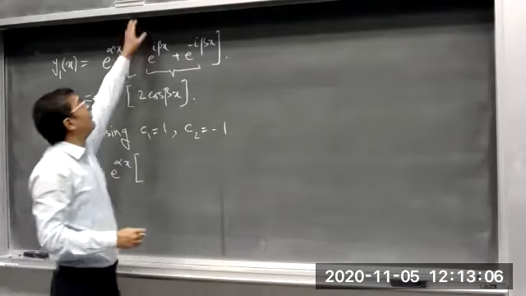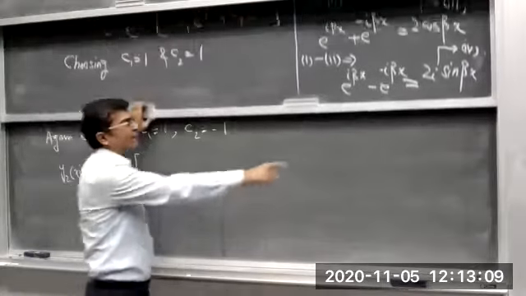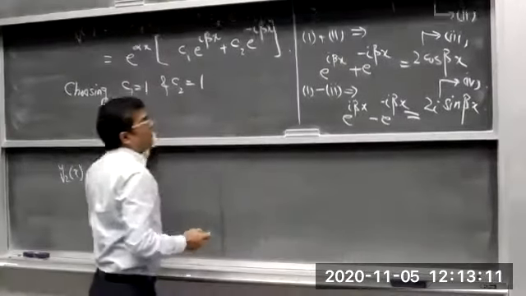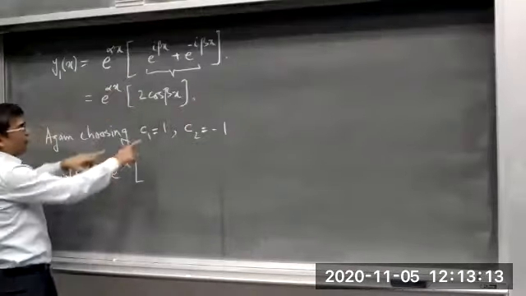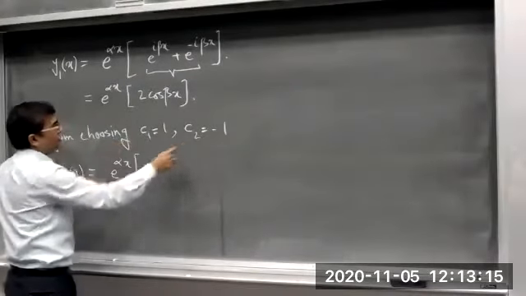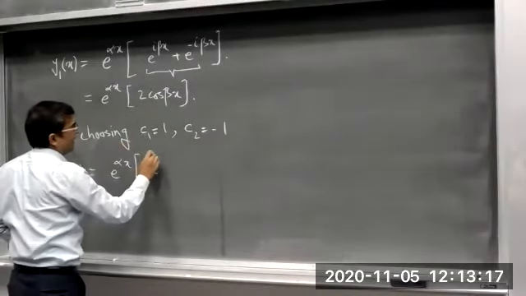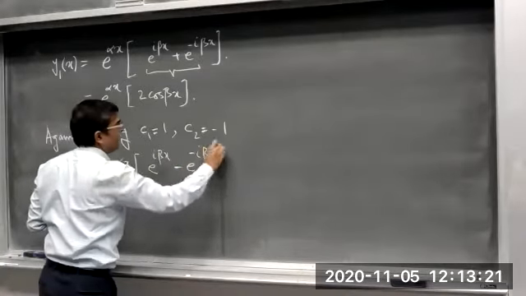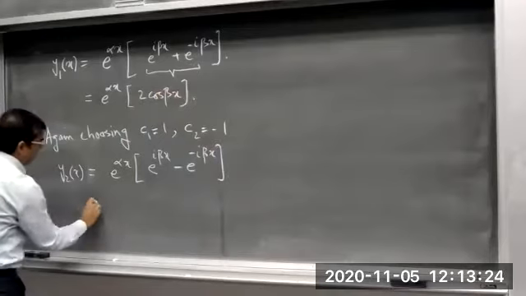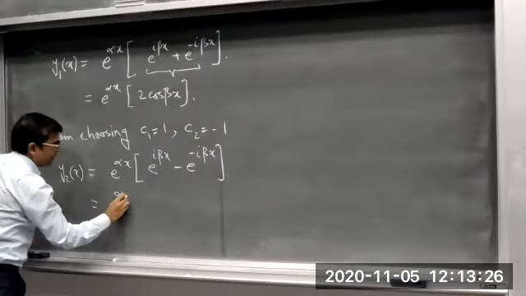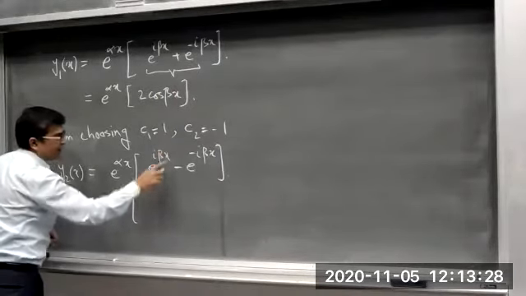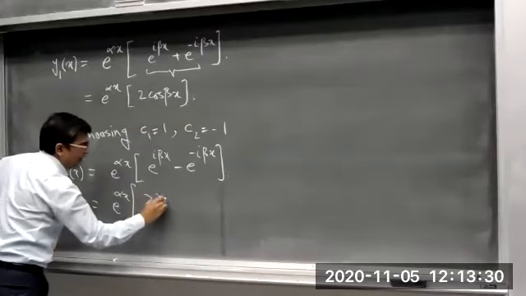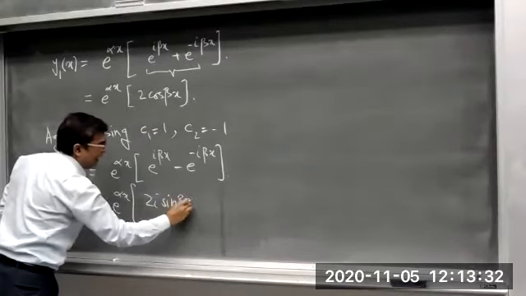And using equation 4, if we choose C1 is equal to 1 and C2 is equal to -1, we'll definitely get e raised power iota beta x negative e raised power negative iota beta x. Now using equation 4, we can write the solution in this form. This is equal to what? It is 2 iota sine beta x.